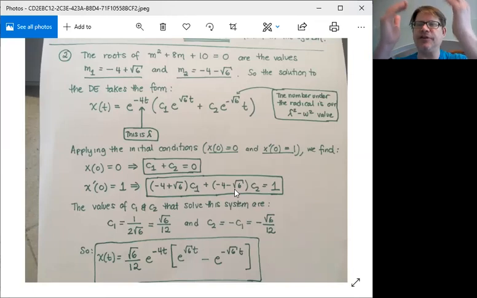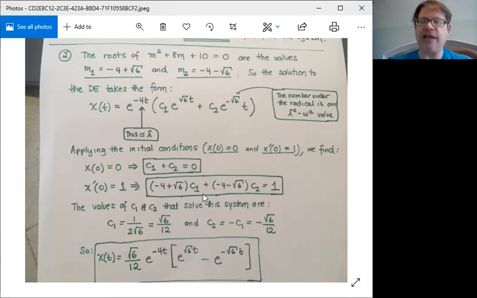Since there was initial downward velocity of 1 meter per second, that's positive 1 in our orientation system. That gives us this constraint that -4 plus the square root of 6 times c1 plus -4 minus the square root of 6 times c2 has to equal 1. We'll do a little bit of algebra. We'll solve for c1 and c2, and we'll find that c1 is square root of 6 divided by 12, and that c2 is negative the square root of 6 divided by 12.